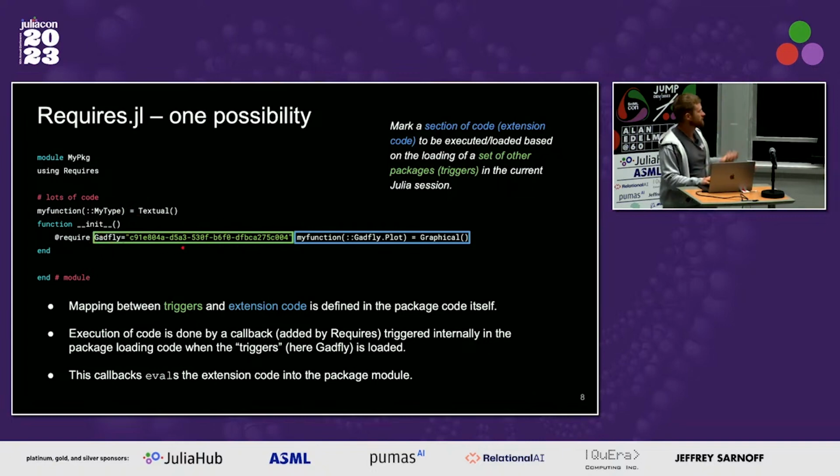I call this a trigger because it triggers the loading of this code here. So the mapping between the trigger, in this case Gadfly, and the extension code is defined inside the package with the macro here. And the way this ends up loading is that this macro acts as a callback. Whenever Gadfly gets loaded, it's going to evaluate whatever code is in here into the package. So that's the way Requires works.